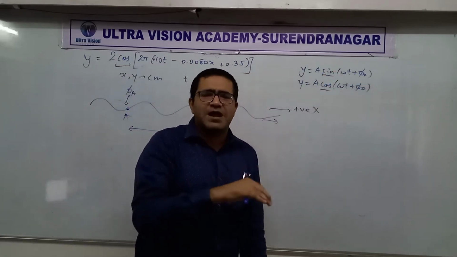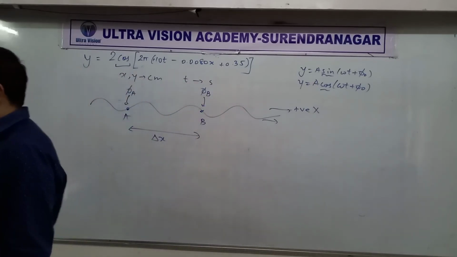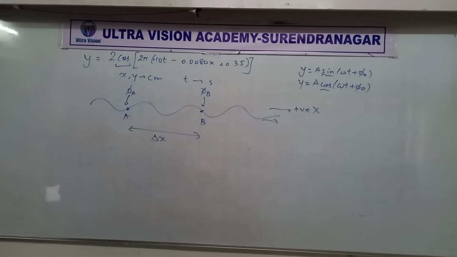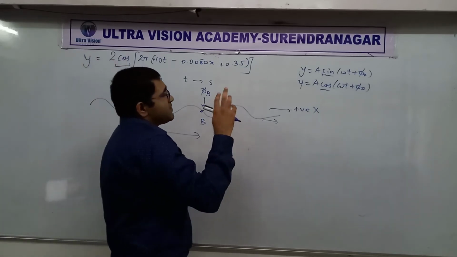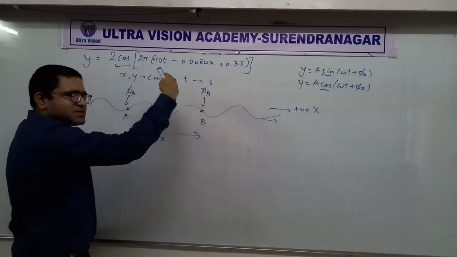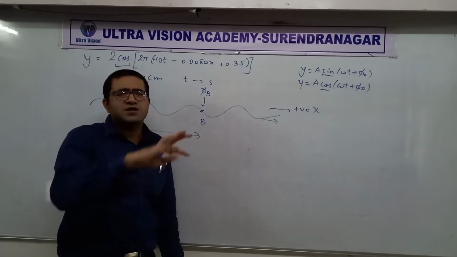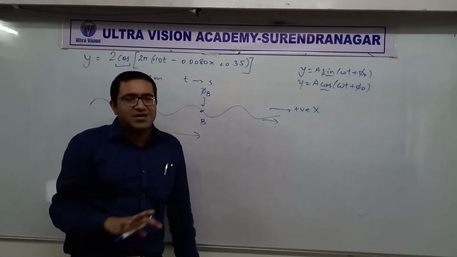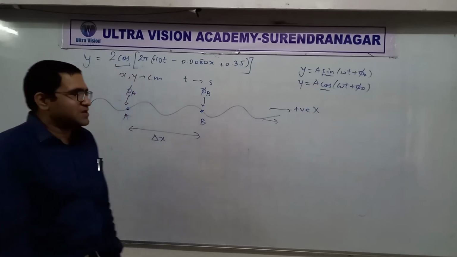Both indicate simple harmonic motion. Whenever you write sine or cos in the equation of a wave, that still indicates a simple harmonic wave. So sine or cos doesn't change anything about the equations or the maths that we have been discussing.